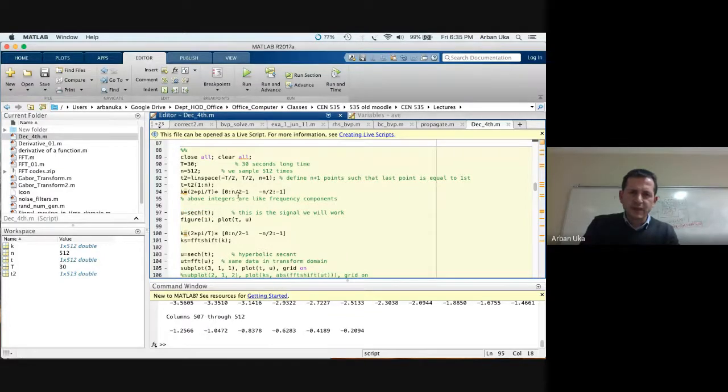So t2 is just generating all the data points from -15 to +15, because the complete range is 30. And in the end, we get n+1 data points. We need to remove one of those because we need to have 512.